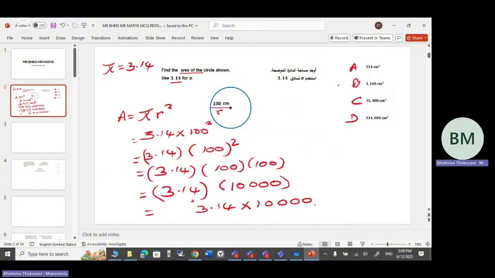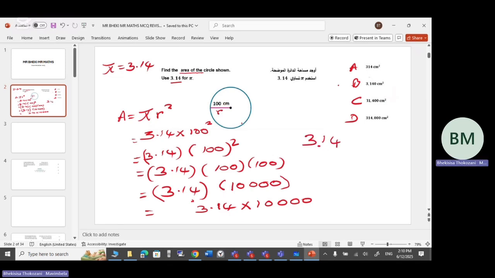Are you following, guys? Now, I want you to notice something here. Because I'm multiplying by 10,000, I'm just going to ask myself how many times I can move my decimal point to the right. So I'm having 3, 1, 4.